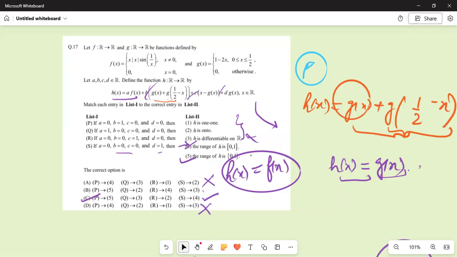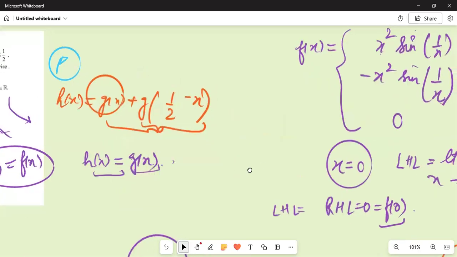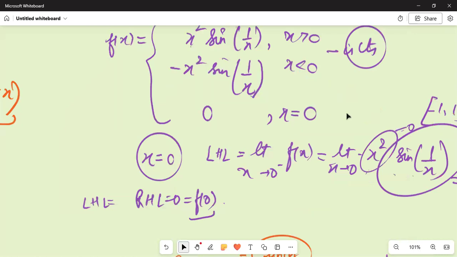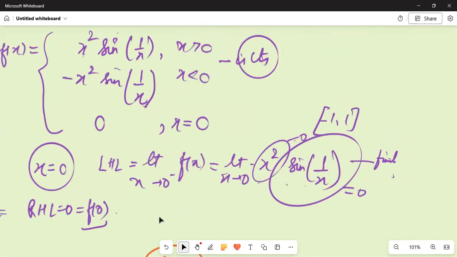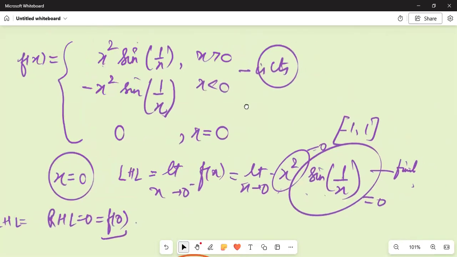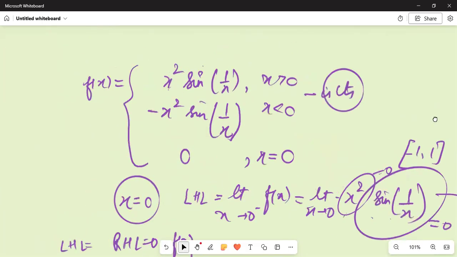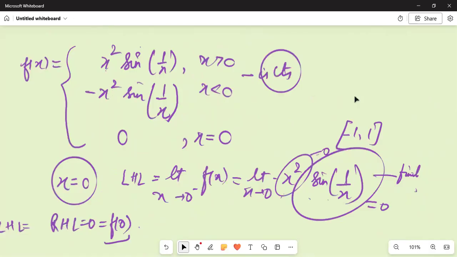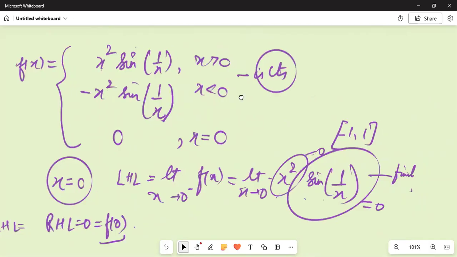Using the definition of f, you can see that f is continuous. I told you earlier in the video that f is continuous. I think I didn't tell the differentiability condition, but okay, we can see that f is differentiable. Why?